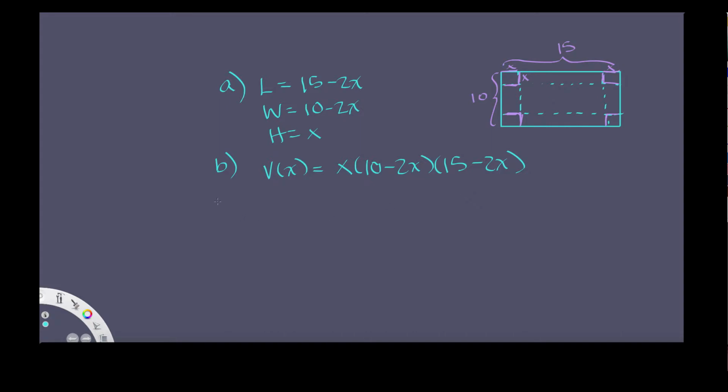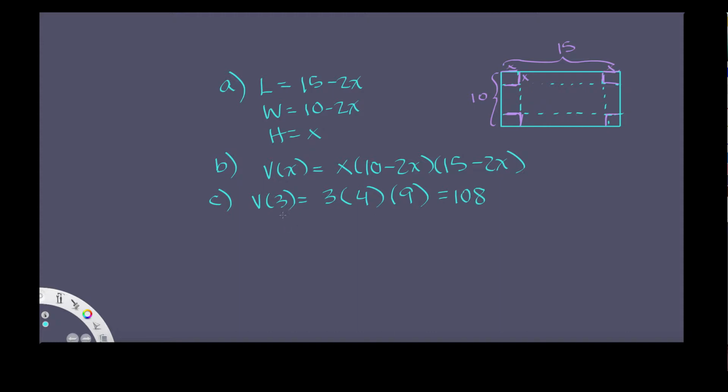Okay, part C says find V of 3 and explain what it means. So V of 3, if I'm just going to substitute 3 in, 10 minus 2 times 3, that's 4. 15 minus 2 times 3 is 9. So it looks like V of 3 is 108. And what does this mean?